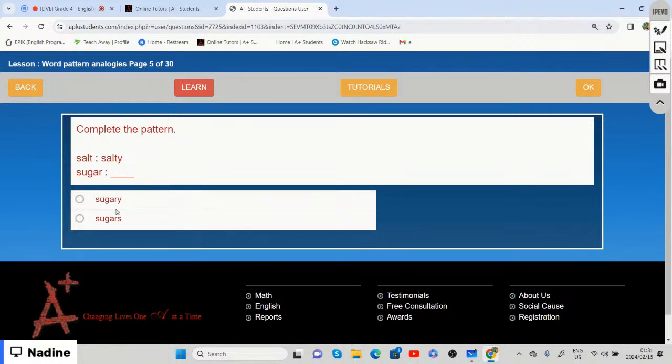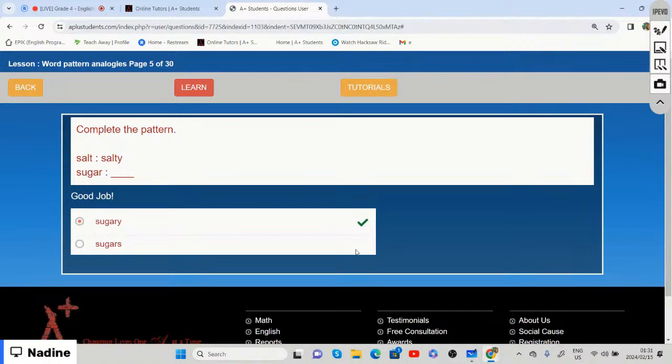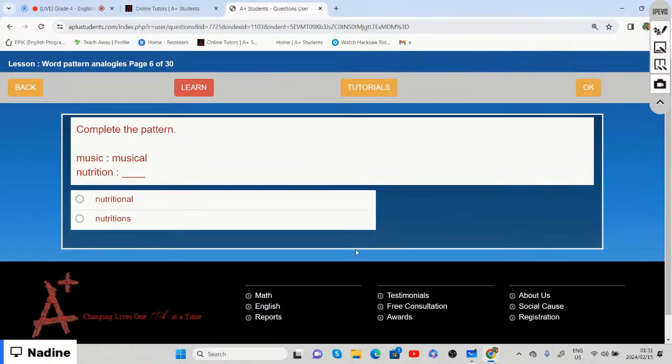All right, so it is sugary. When it comes to salt, it's salty, which means we've thrown too much salt into something and we are tasting a lot of salt. And if you throw in too much sugar, then something will be sugary. So the first one is correct. Well done, everybody.